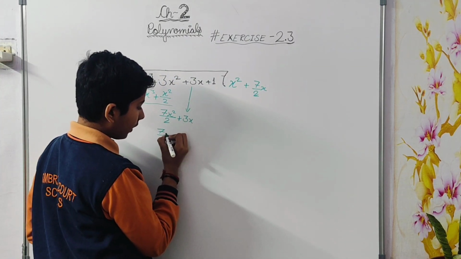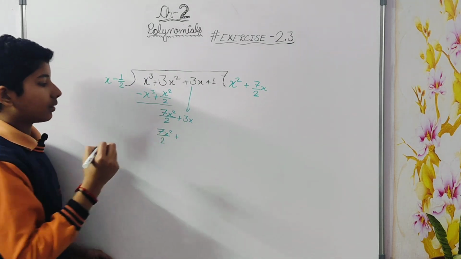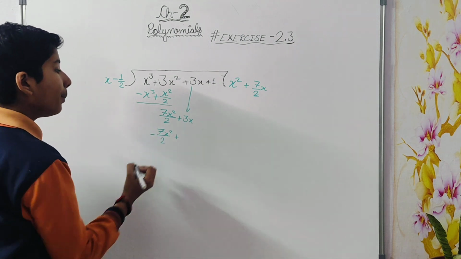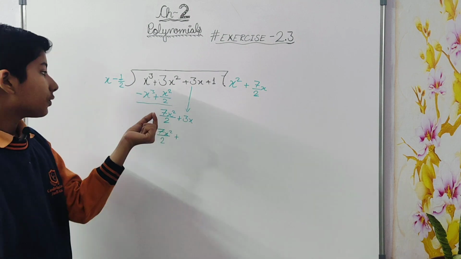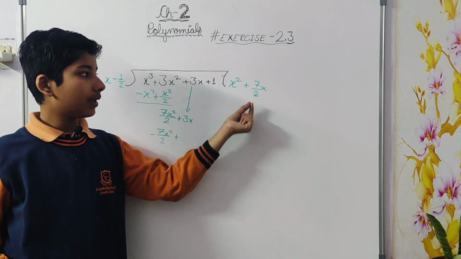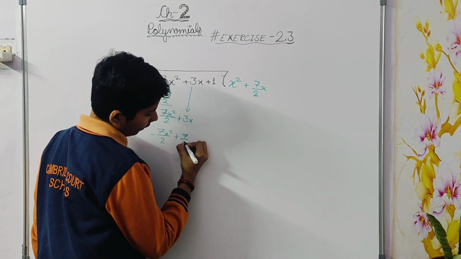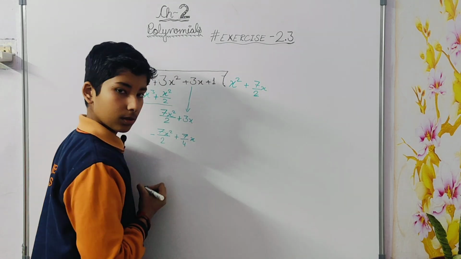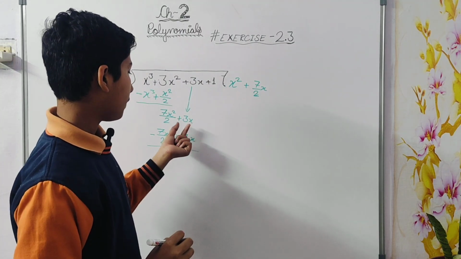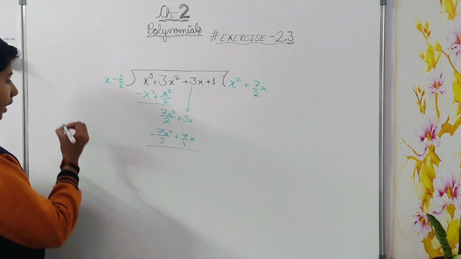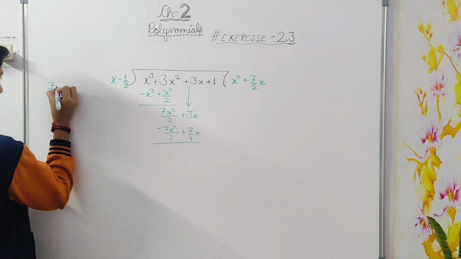It will be 7x square by 2, and this was minus half, so minus half multiplied by 7 by 2x will be 7 by 4x. Now what will come here? 7 by 4x plus 3x.